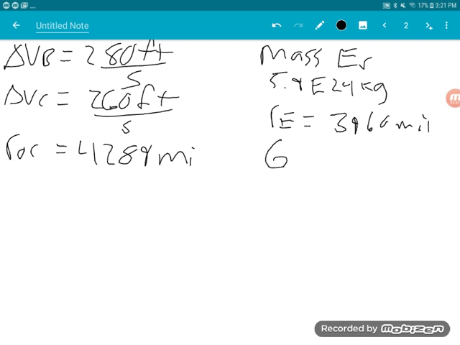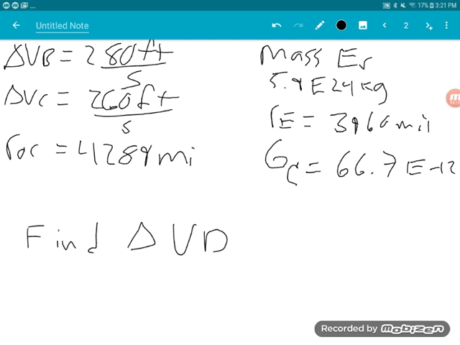Sorry, I saw GC and I was like, what the heck? Gravitational constant, 66.7e-12 meters cubed per kilogram second squared. We may or may not need that. Our job is to find the change in velocity at point D.